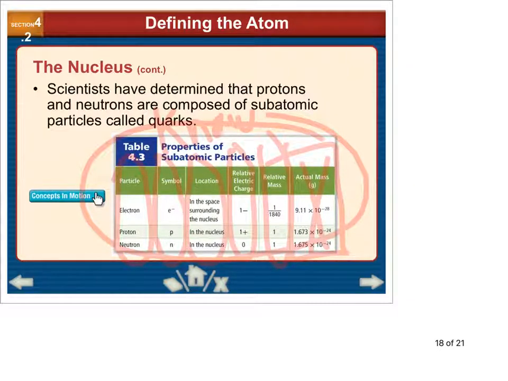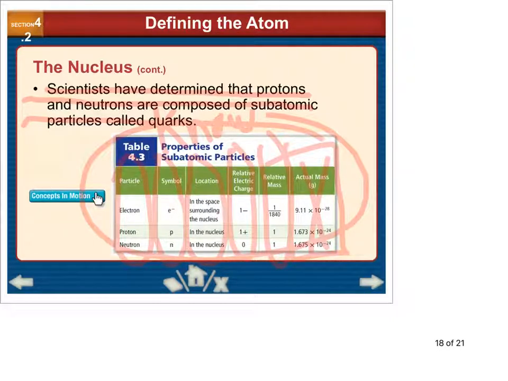And then something we won't get into much in this course, but just a brief thing that we do have. Know that protons and neutrons are composed of subatomic particles called quarks. So these do not affect chemical properties, so we don't consider them in this course.